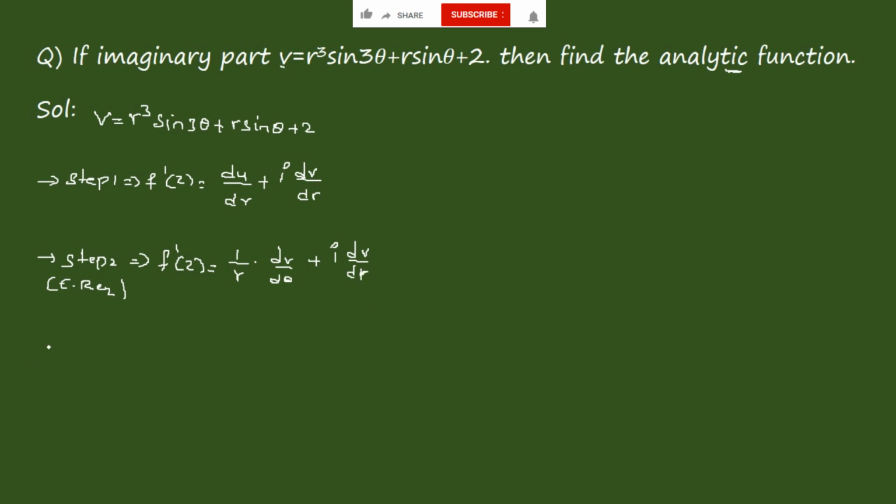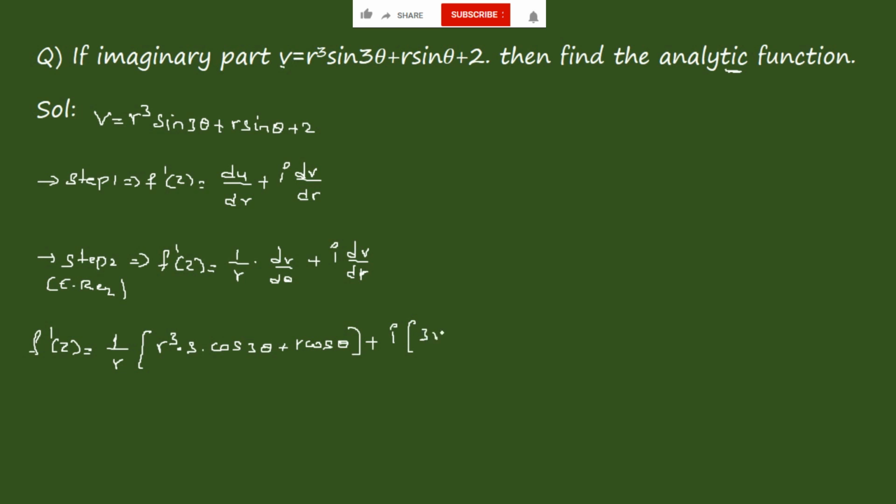Then we get f dash of z is equal to 1 by r into, when you differentiate with respect to theta, you get r cube into 3 cos 3 theta plus r cos theta, plus i into, now I will be differentiating with respect to r.